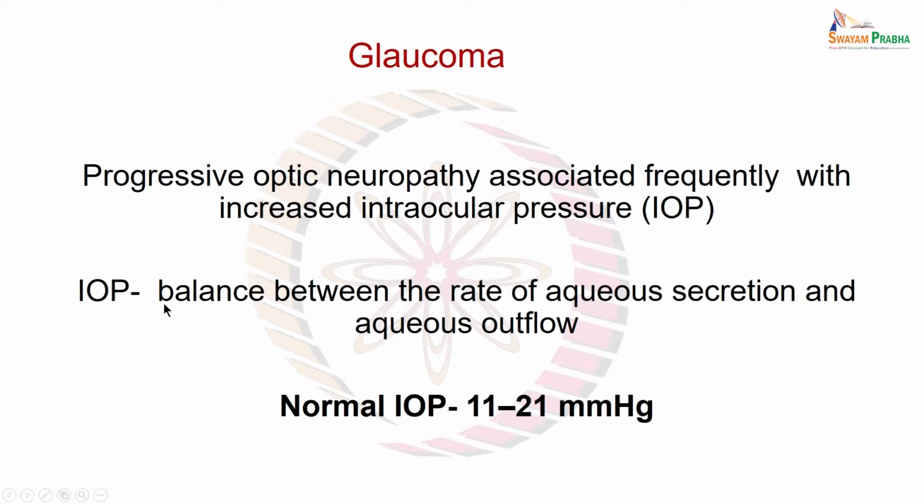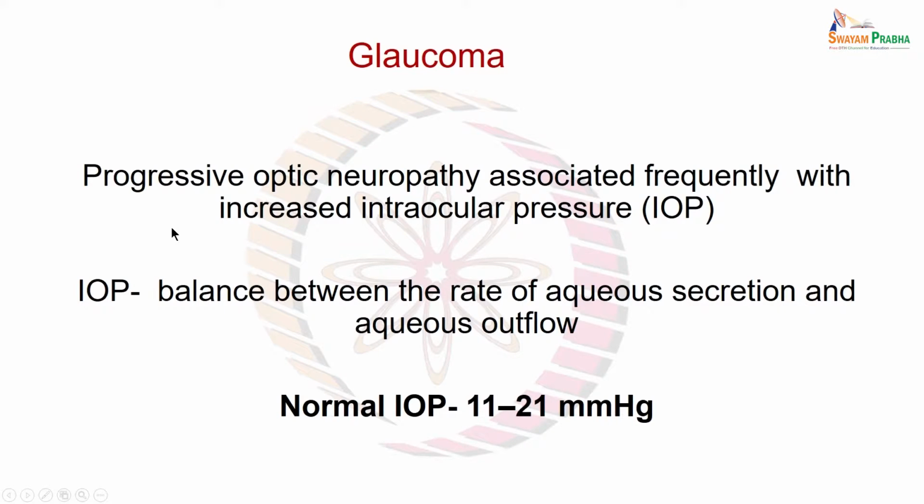Intraocular pressure is the balance between the rate of aqueous secretion and the aqueous outflow. If the secretion is more or outflow is obstructed, this increases pressure and that leads to the most common form of glaucoma.